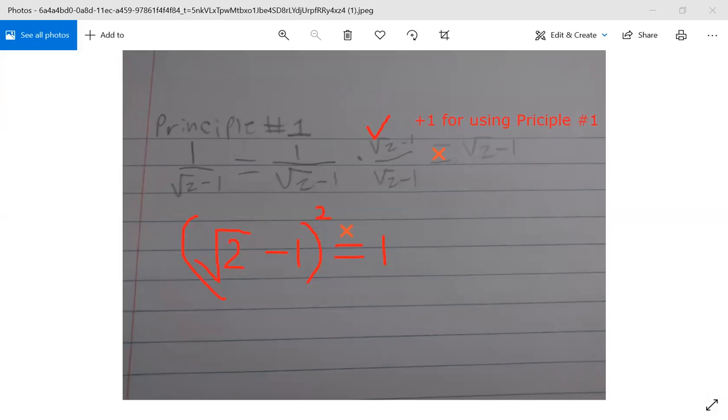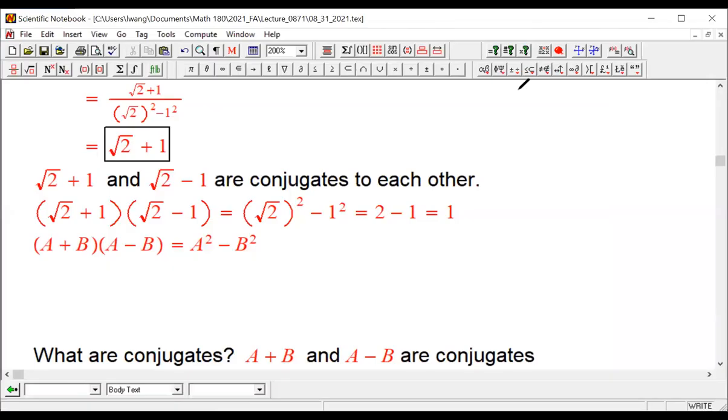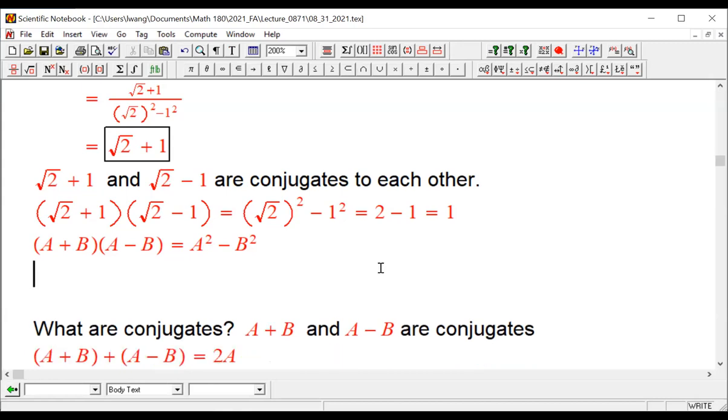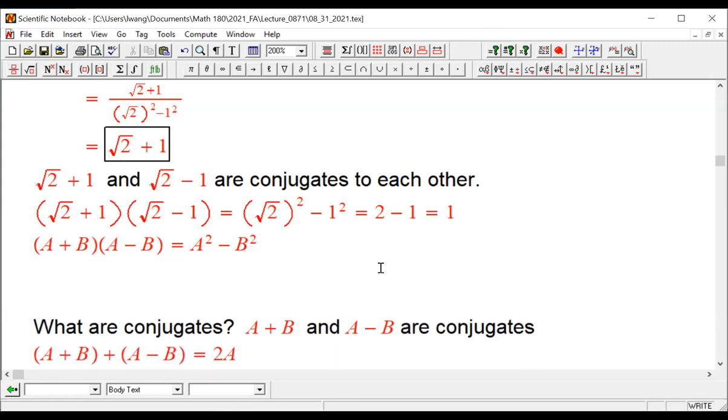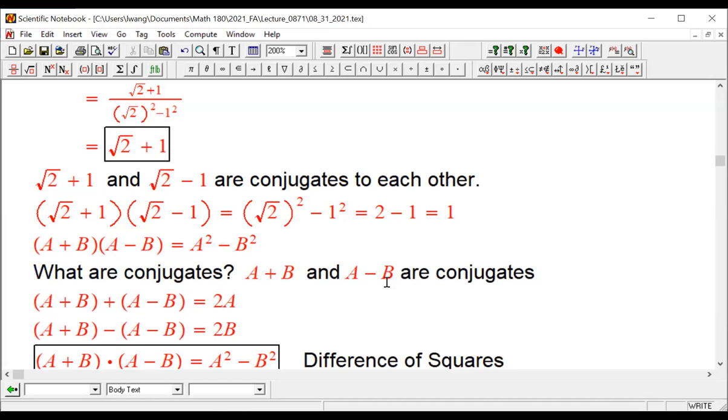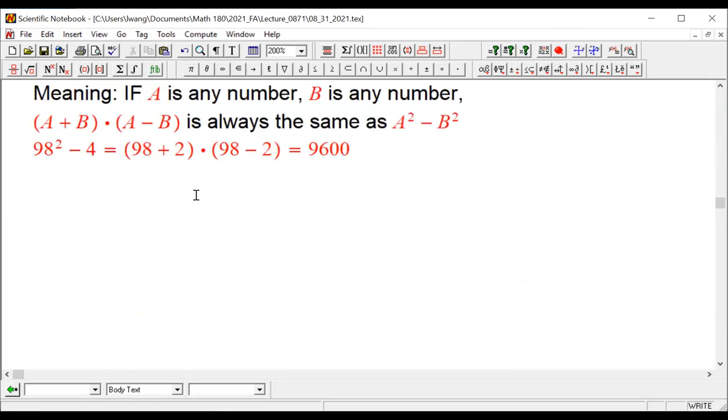Could I bring up my screen? I'm going to put it here as a common mistake.